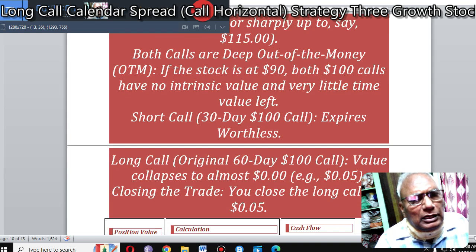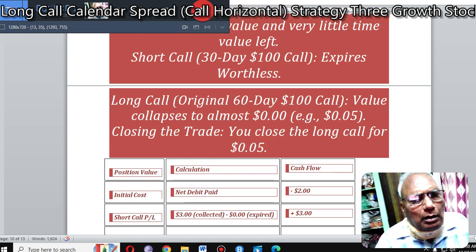Short call, 30 days: the $100 call expires worthless. Long call, original 60 days: the $100 call value collapses to almost zero, say $0.05. Closing the trade, you close the long call for $0.05.